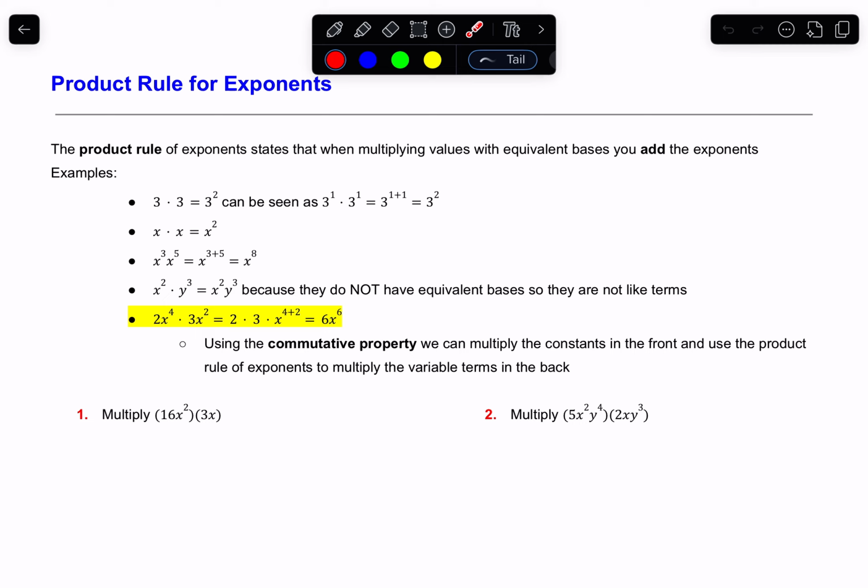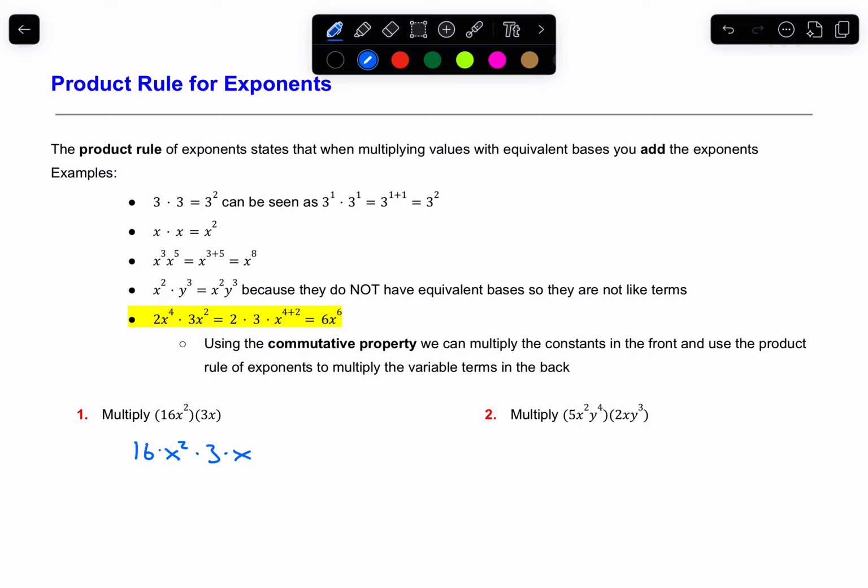So now putting this into practice, now that we know the commutative property is what allows us to do that, we don't have to actually show the commutative property. We can just go straight to multiplying the numbers in front and the variables in back. So on the first one, I'm going to write it out, and on the second one, we're just going to go straight to it. So in number 1 here, 16x squared times 3x, this is 16 times x squared times 3 times x. If we get rid of those parentheses, it's multiplication everywhere.